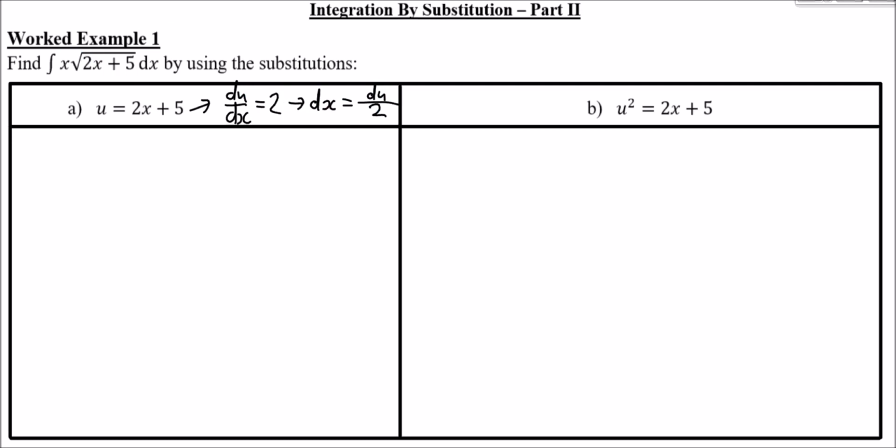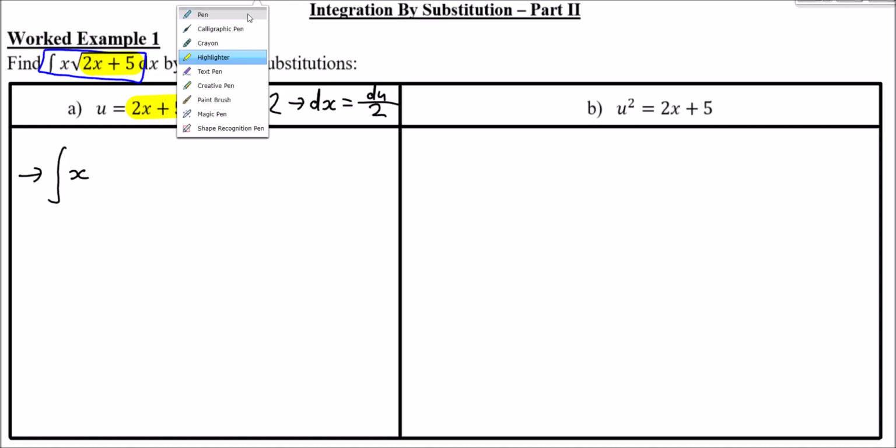And so this integral here we can transform. So for part A, using this particular substitution, what we're going to get is x root 2x plus 5. That's just going to be u. So for this one, we're going to get x times the square root of u, which just means u to the power of 1/2.